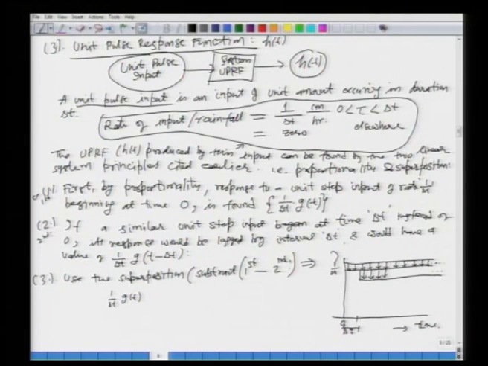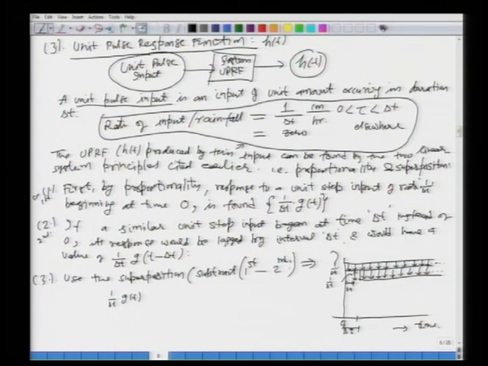I am plotting it just below this, but at the same scale, just keep that in mind, right. This intensity is also 1 over delta t, but this is occurring what? Delta t later, all right.